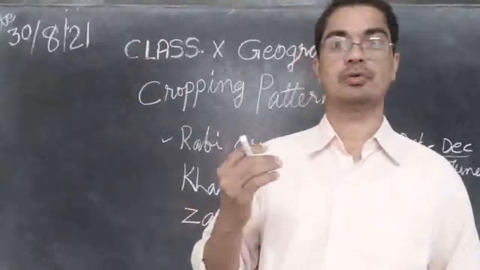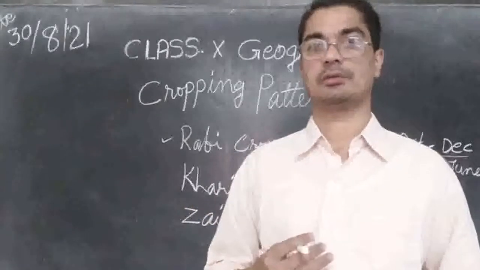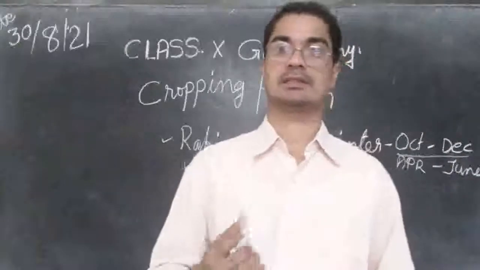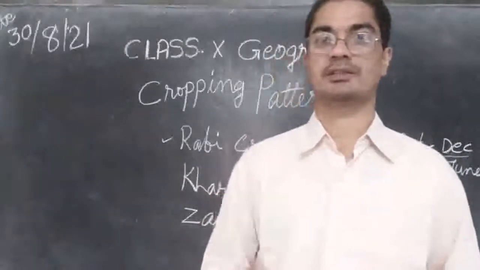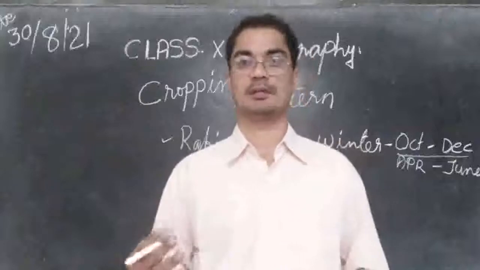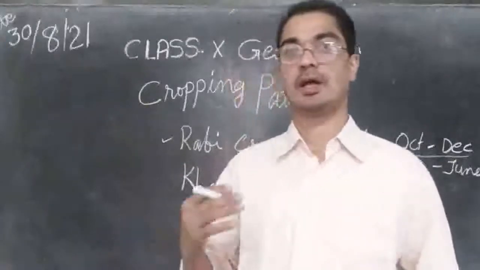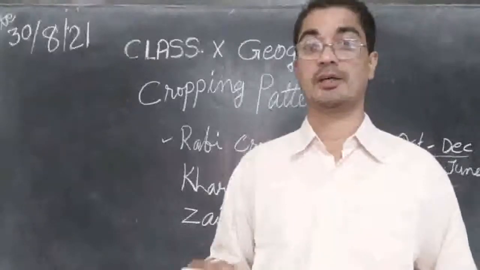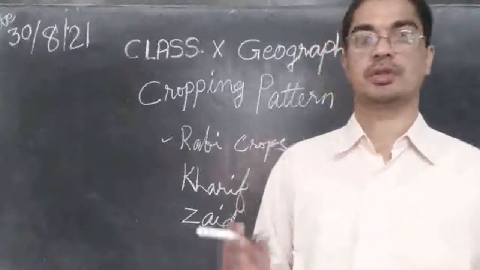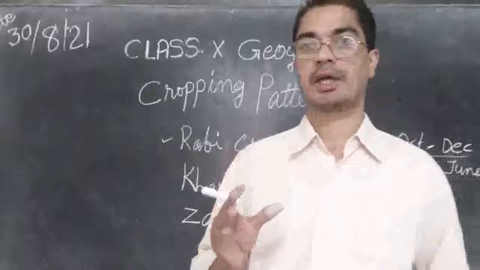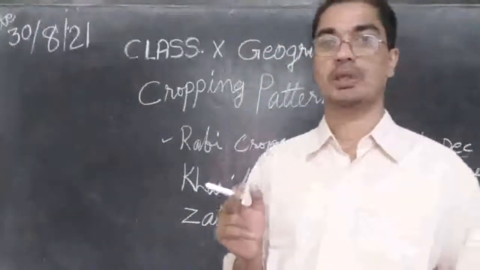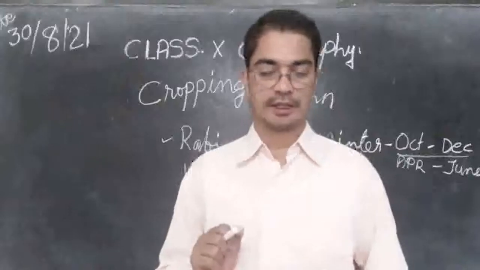So they used new seeds, high yielding varieties of seeds. They used fertilizers, machines, pesticides, all that. They used all these things, and then suddenly the production of crops went up, and that was the green revolution. This green revolution was tried in 4 states: Punjab, Haryana, Western Uttar Pradesh and Rajasthan.